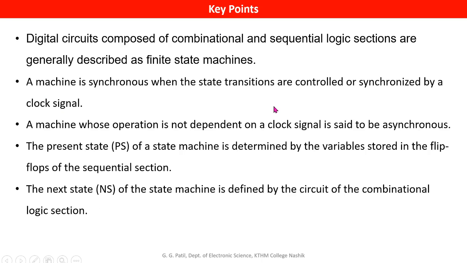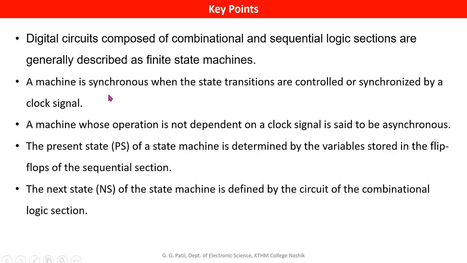Some key points are taken here. Let's quickly go through these key points. The digital circuits composed of combinational and sequential logic sections are generally described as finite state machines. A machine is synchronous when the state transitions are controlled or synchronized by a clock signal.